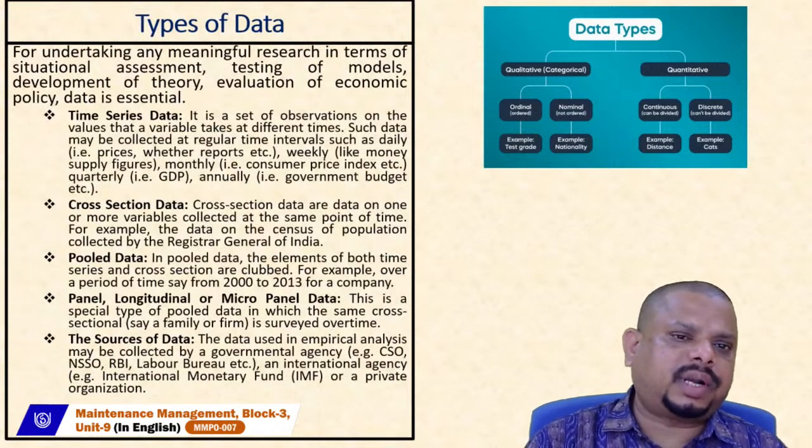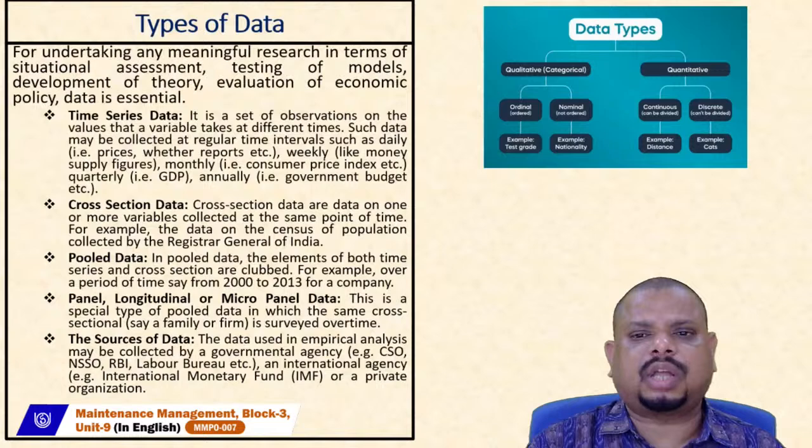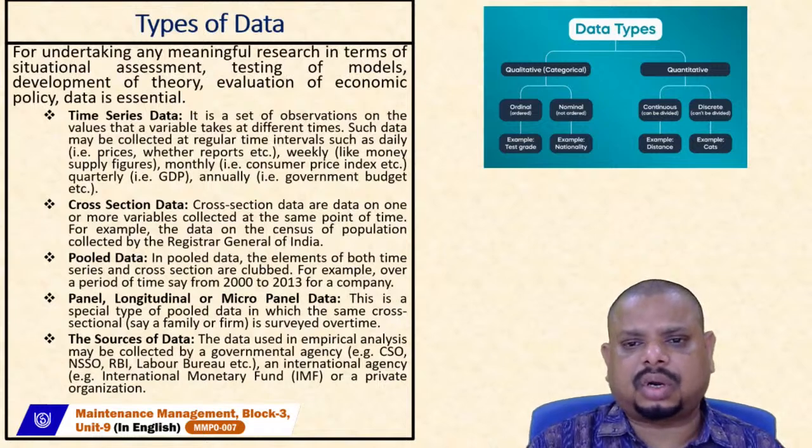Before going for data analysis, you have to go for the classification of data. Classification is of two types. One is qualitative data, another is quantitative data. In case of qualitative data, we have ordinal, which is ordered data. The second one is nominal, that is non-ordered data.